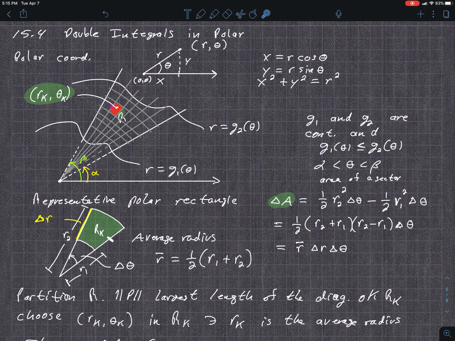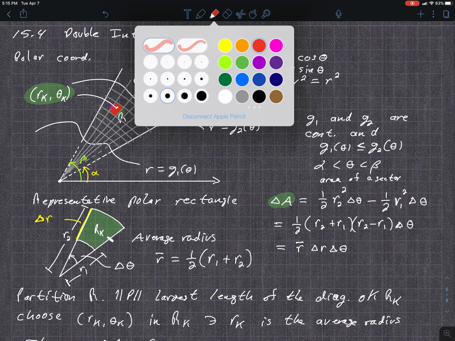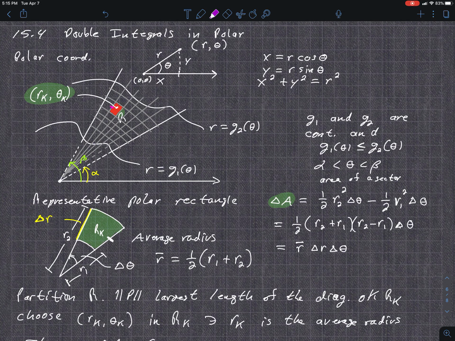So do a little factoring on this. You factor out the one half in front, factor out the delta theta, and then you have a difference of squares. In this difference of squares, your r bar is right here. Let me highlight that.